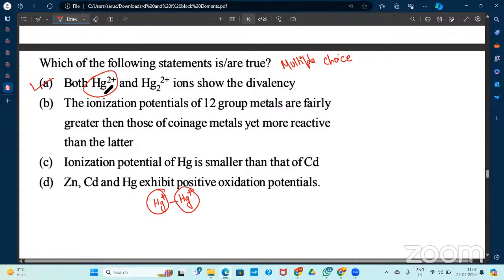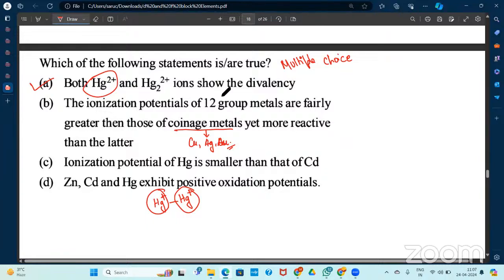The ionization potential of 12 group metals are fairly greater than those of coinage metals. What are coinage metals? Copper, silver, gold. These are coinage metals, group 11. So ionization potential of group 12 is greater than those of coinage metals. It is more reactive than the latter. Why is it more reactive?